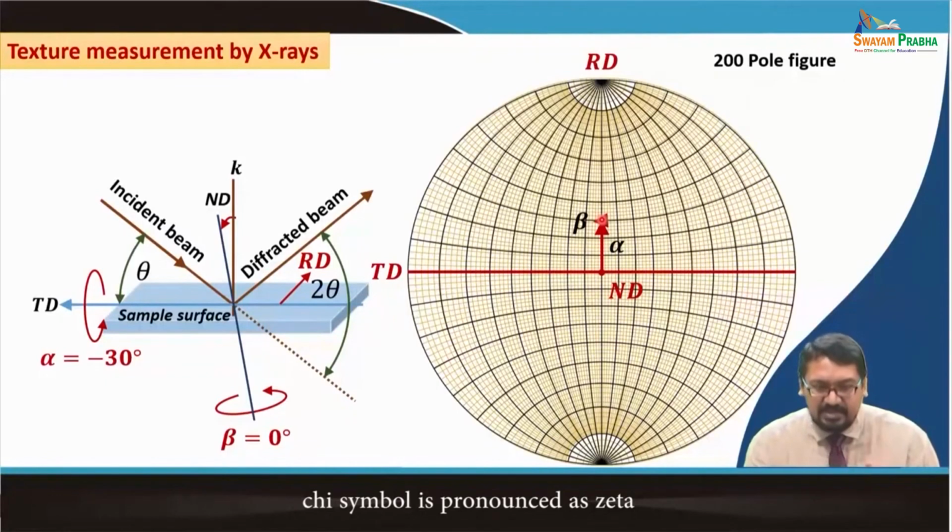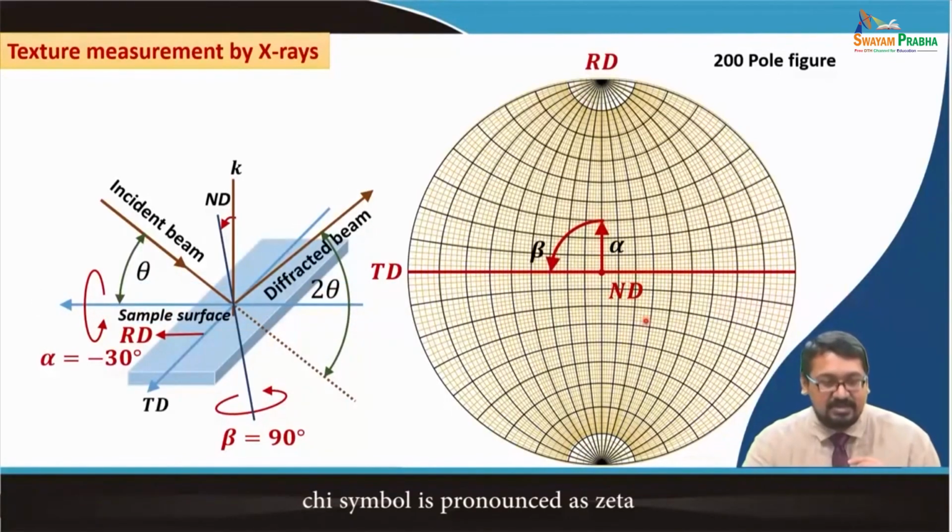Once we rotate and increase beta from 0 to 90 degrees, the sample is rotated like this, and you see now the TD is here and, sorry, the RD goes here. The ND remains the same, just tilted by 30 degrees from K, right. So you see that when we are rotating, the ND comes here.